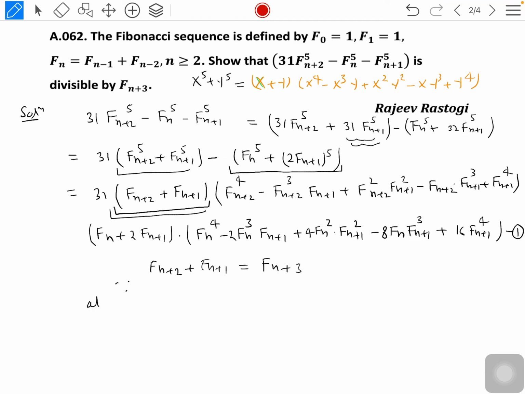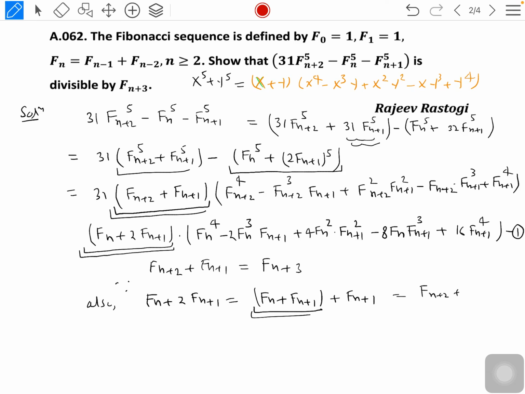Also, I am going to work on this factor as well. f(n) plus 2 times f(n+1) can be written as f(n) plus f(n+1) plus f(n+1), and this sum becomes f(n+2) plus f(n+1), and f(n+2) plus f(n+1) becomes f(n+3).